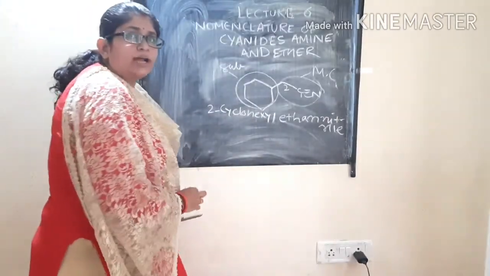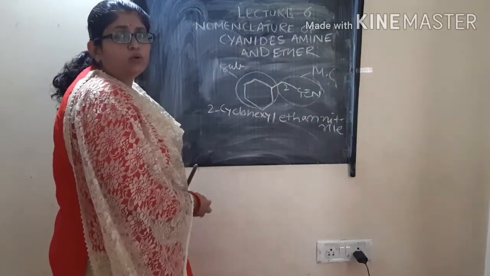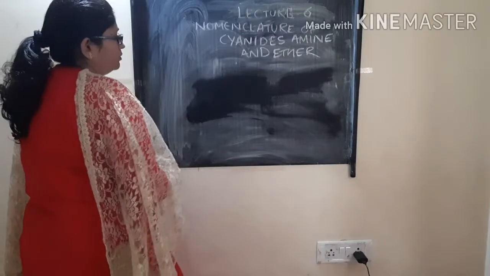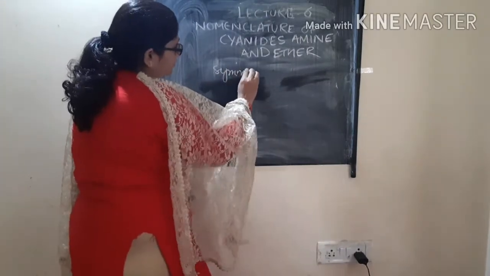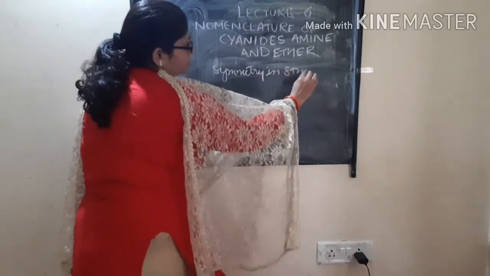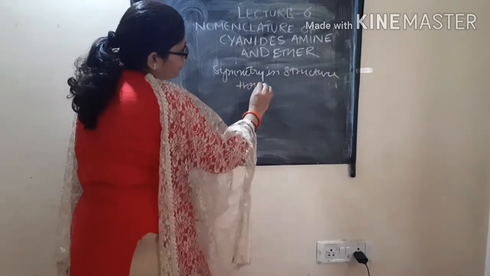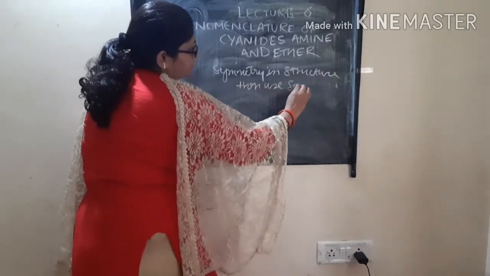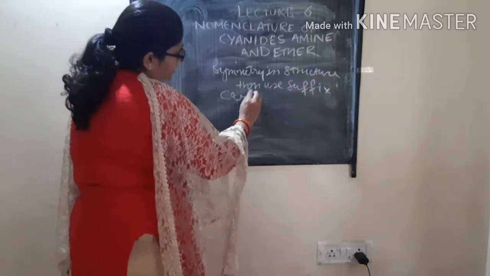Now one more thing I need to tell you. Please note it down and we will move to one more rule. This says that there is a symmetry. If there is a symmetry in the structure, then use the suffix carbonitrile.